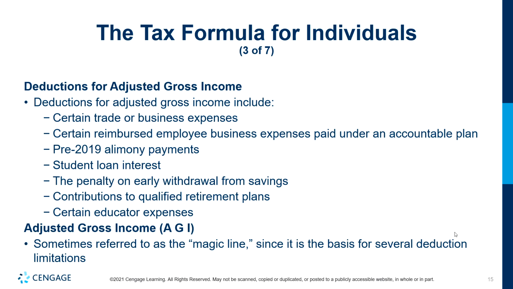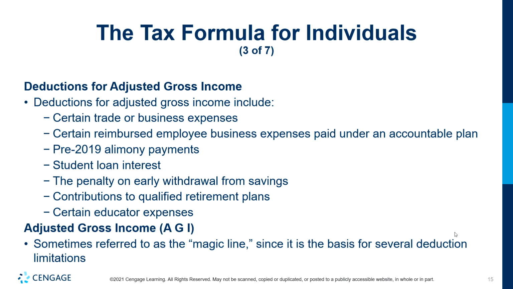Student loan interest. Yes. The penalty on early withdrawal from savings. Ooh, I don't know how that's a deduction there. That's a penalty. That seems a little odd to be right there. Contributions to qualified retirement plans. That's a good one. And then certain educator expenses.